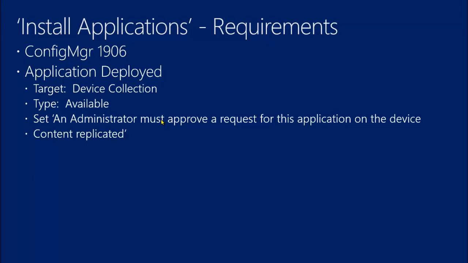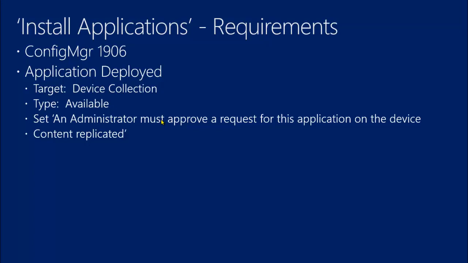The deployment itself must be set as available, right? When you set it to available, there's an option that shows up called "An administrator must approve a request for this application on the device." If you don't set it to available, you won't see that option as something you can do. So if you set it to required, that option isn't visible at all.